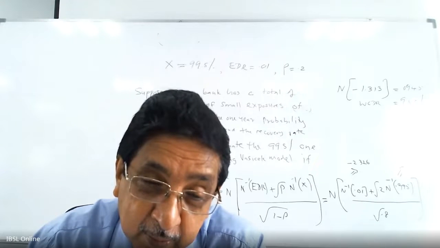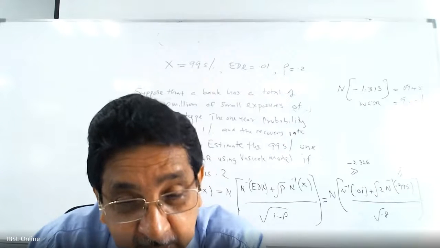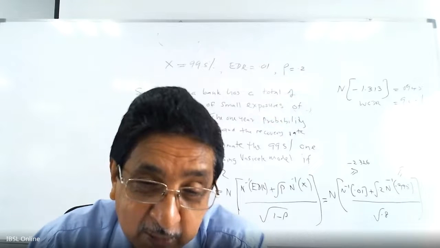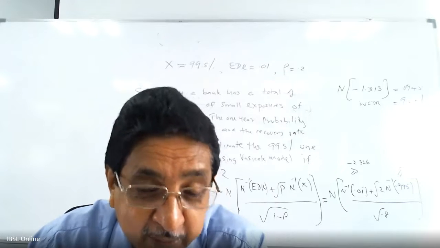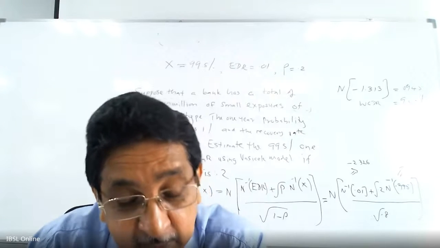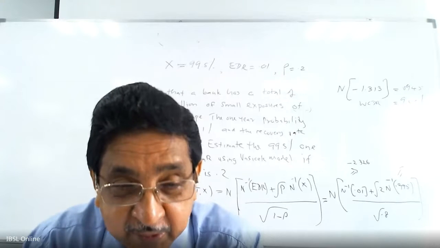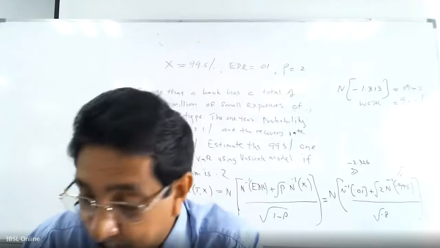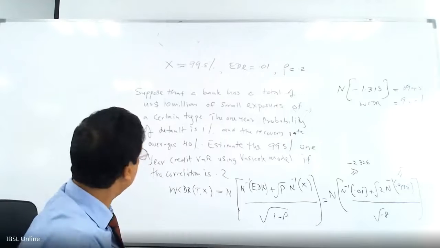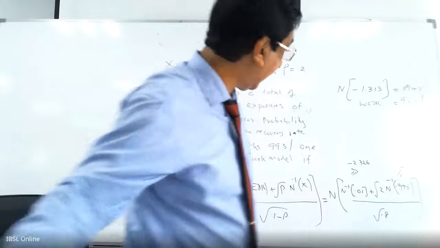And you need to check it at a 99.9% confidence level. Then you have to check the worst case default rate and at the same time, so I will put it as a question here, so then we can work it out. So I will put that question on the left hand side.